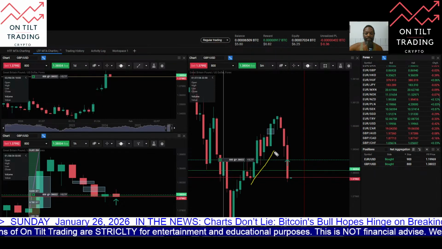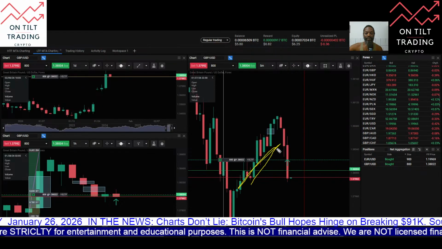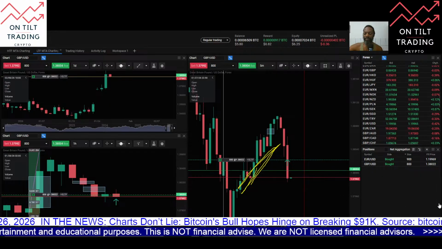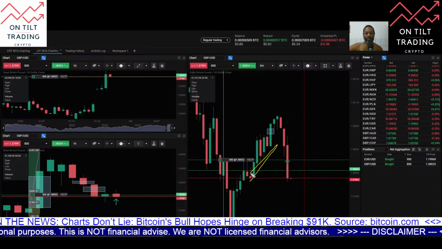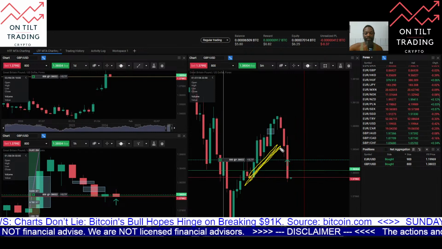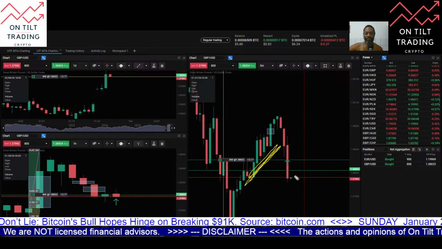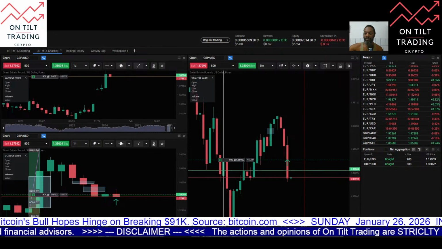So price action has swept out all of this liquidity here, at least to here. And we'll see if this is enough for price to return here to the buy side.